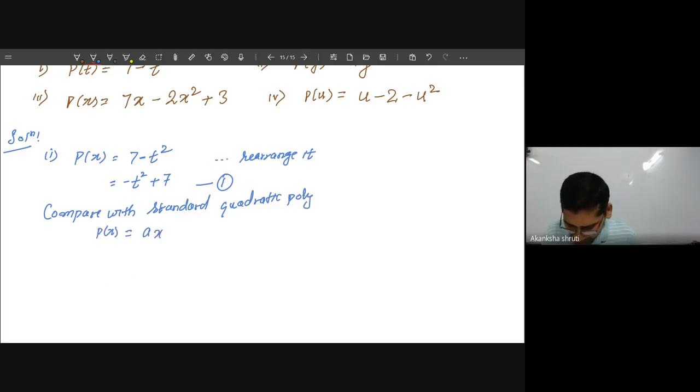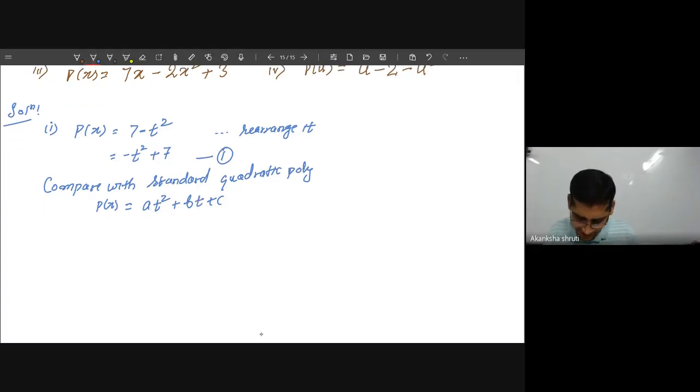That is ax square plus bx plus c. Here the variable t is given, so you may also write the variable t: a t square plus bt plus c. The variable can be denoted by any alphabet. So here in the question t is used, so I shall use t.